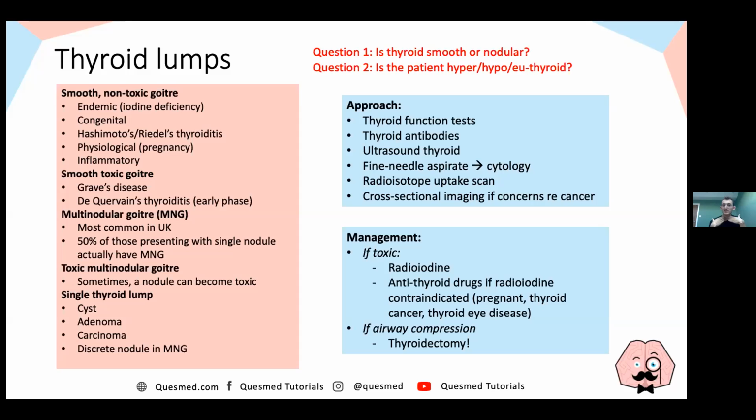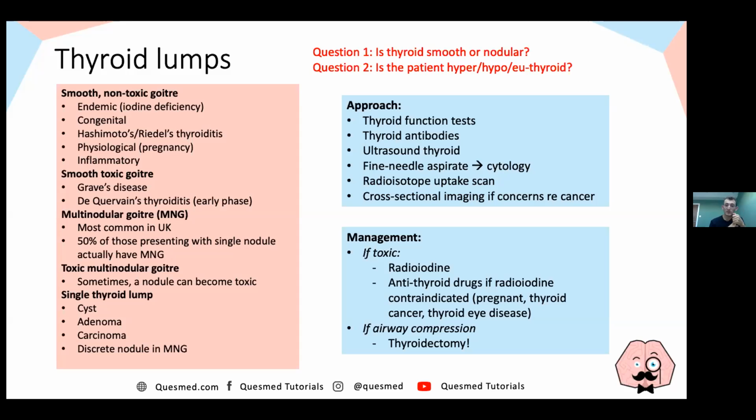When you detect a lump or a goiter, there are a few investigations it's important to organize. Really important to get thyroid function tests. It can be helpful to get a radioisotope uptake scan. As we've already seen, it can elucidate different causes of uptake on the scan.